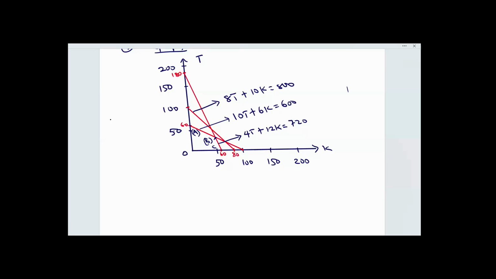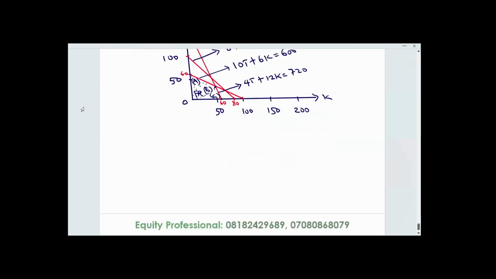Let's call it point C. Okay? So of course, all of these points are in the feasible region. Internal. So we need to get value for T and K at point A, B, C. I want to get value for T and K.